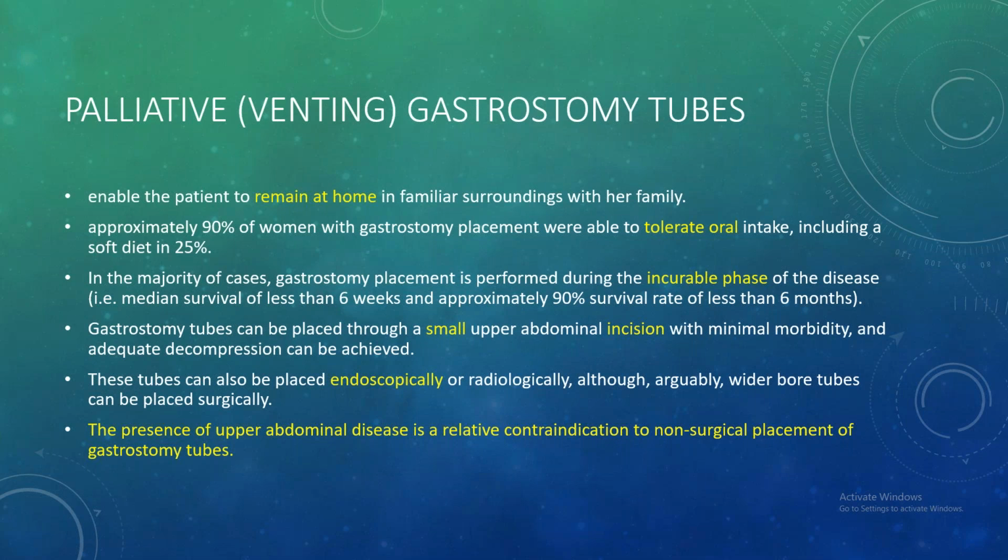But wider bore tubes require a surgical incision. Also, upper abdominal disease is a relative contraindication for placement of these gastrostomy tubes. So this is a somewhat newer thing that you can do as palliation only, not a treatment option, where the survival is very less.